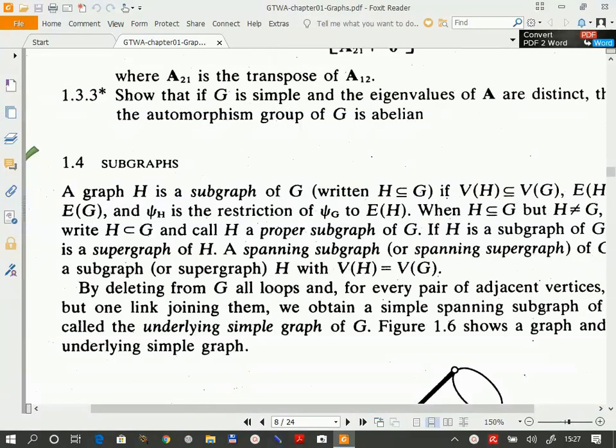Okay, my friends, now we go to some terminology that we need. The first thing is what we mean by a subgraph of a given graph.